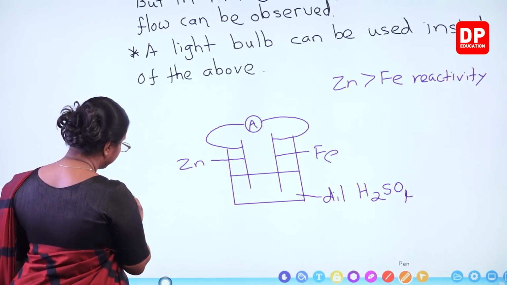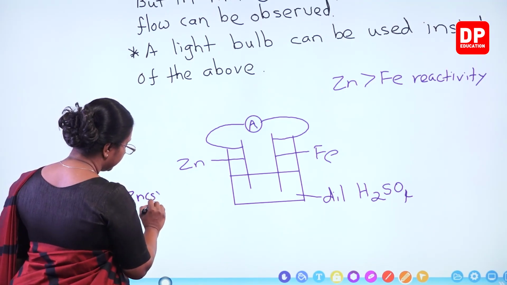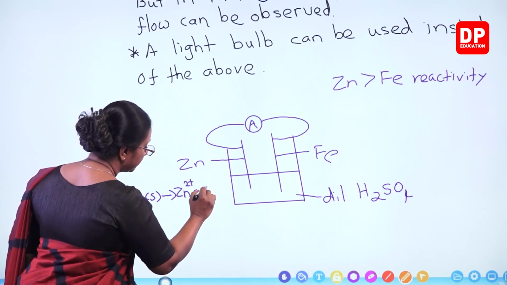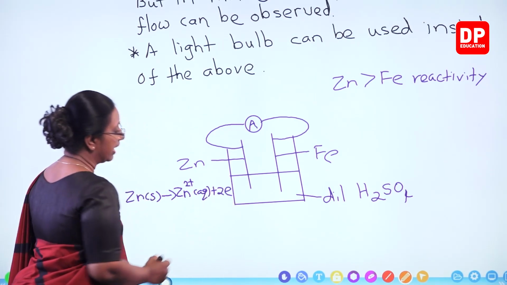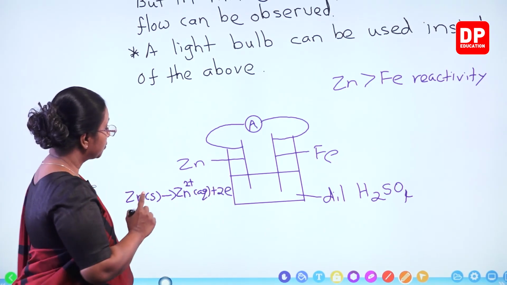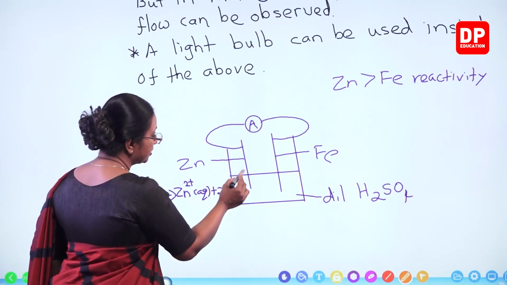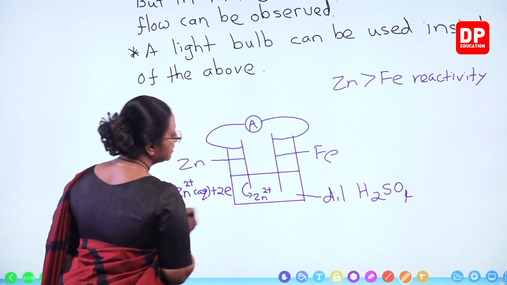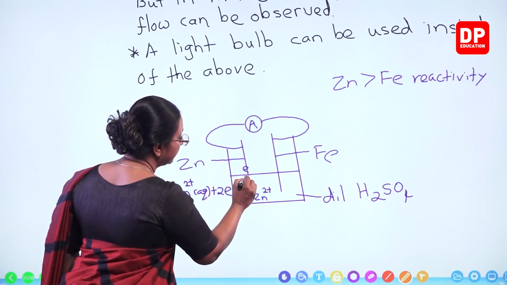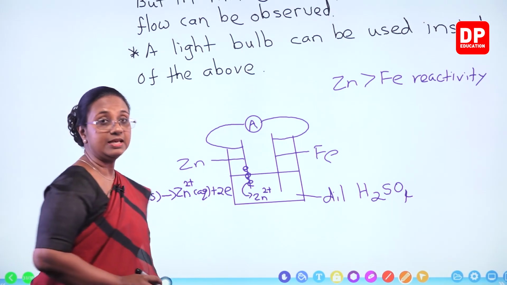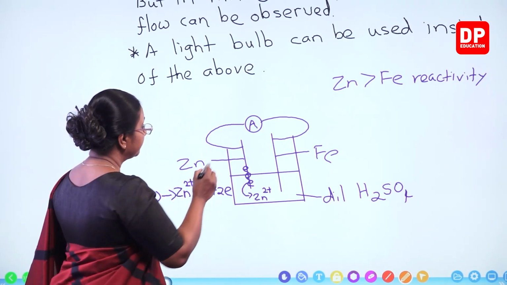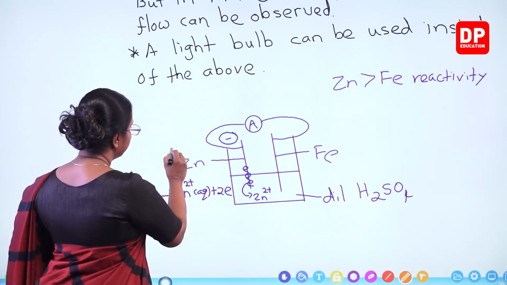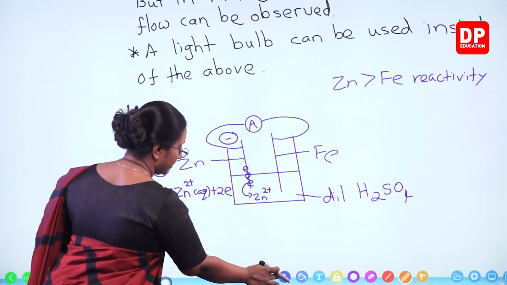So zinc electrode, zinc solid becomes zinc 2 plus aqueous, losing 2 electrons. So when it loses electrons, the zinc 2 plus ions go into the solution, leaving the electrons on the zinc plate. Because of that, the zinc plate becomes negatively charged.